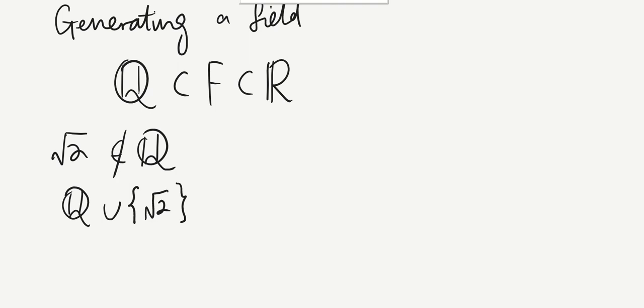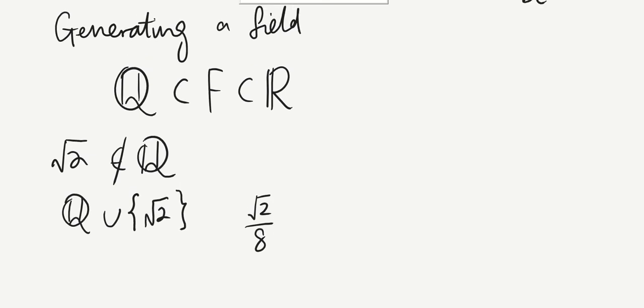But this set is not a field because you can have numbers like 1 plus square root 2, which is not inside this set anymore. You can have numbers like square root 2 over 8, which is not in the set anymore. However, after we insert square root 2 and we have so many numbers that are not inside this new set anymore, let's just add them all into the set.